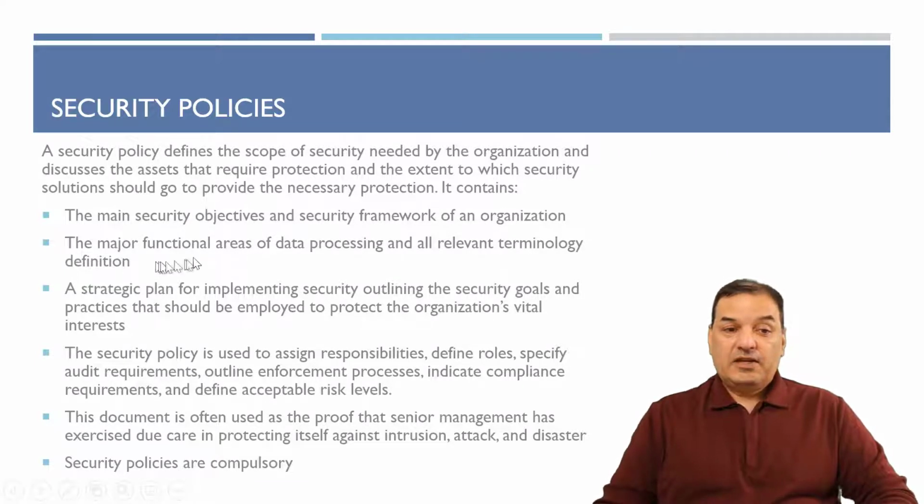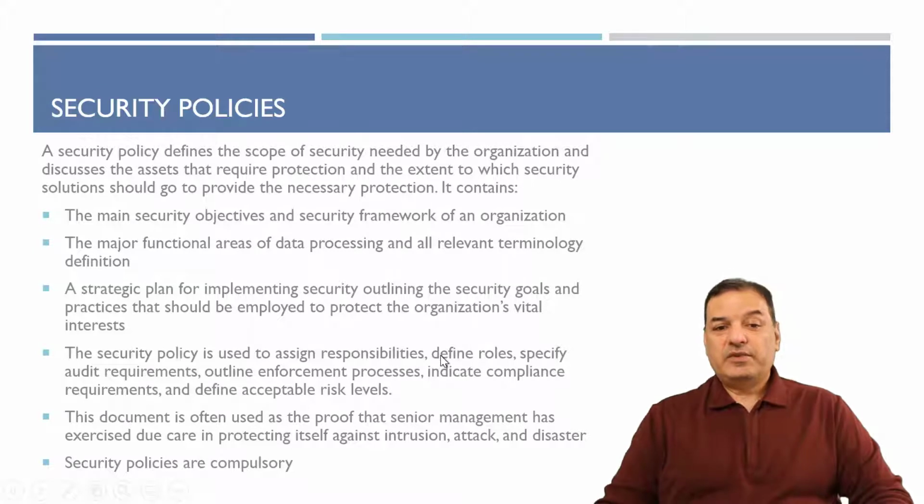It contains the major functional areas of data processing and all relevant terminology definitions. It contains a strategic plan for implementing security, outlining the security goals and practices that should be employed to protect the organization's vital interests. The security policy is also used to assign responsibilities, define roles, specify audit requirements, outline enforcement processes, indicate compliance requirements, and define acceptable risk levels.